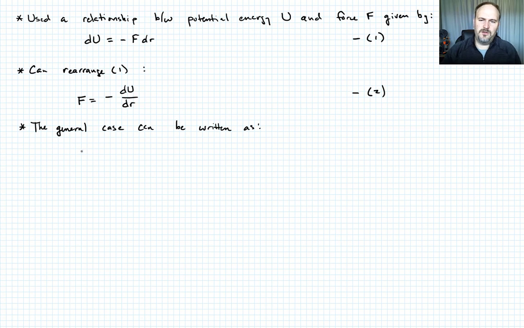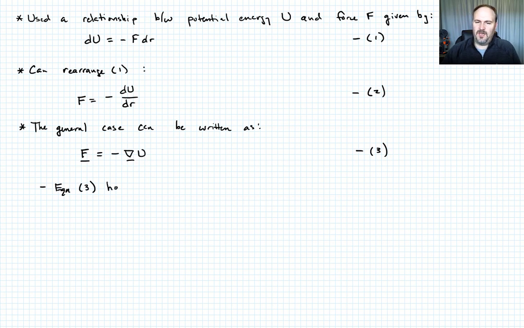I'm going to use vector notation here, with an underbar denoting a vector: the force F will be equal to negative the gradient of U, and I'm going to put an underbar under the gradient to remind you that it's a vector. We'll call that equation 3. So that's the general case.